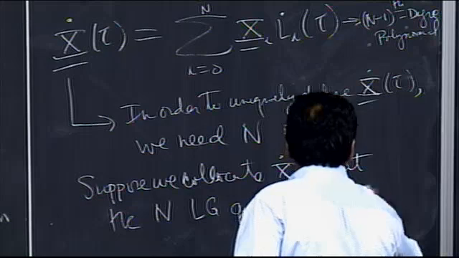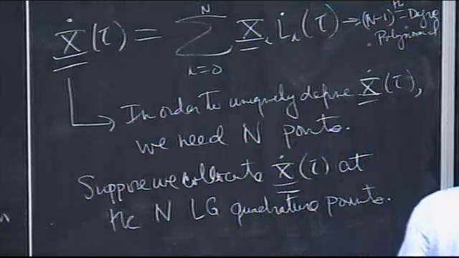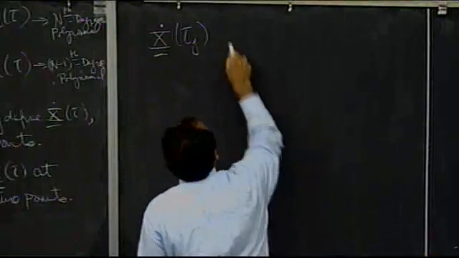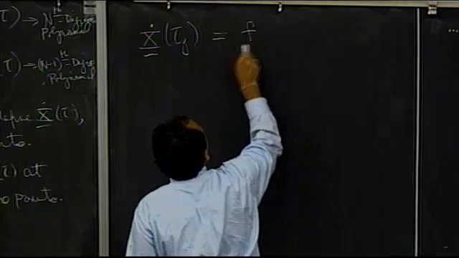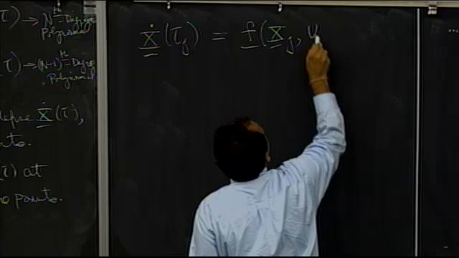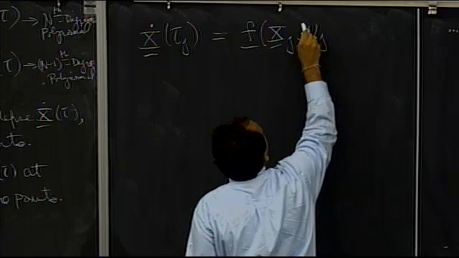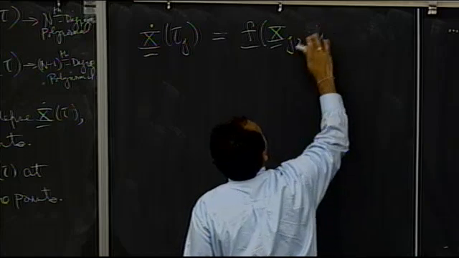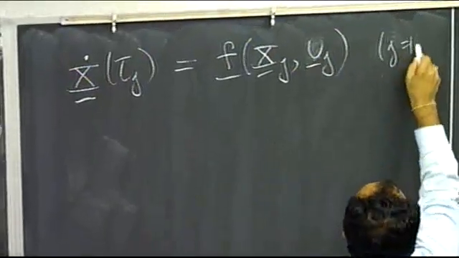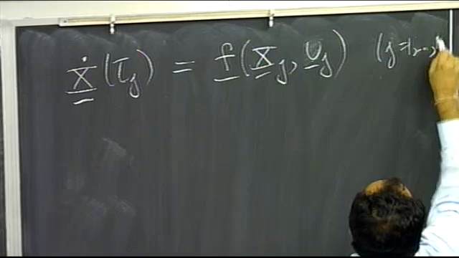Okay, so here we go. Here's what we're going to do. We're going to take x dot of tau_j equal to f of x_j, u_j, and this goes from j equals 1 up to n.